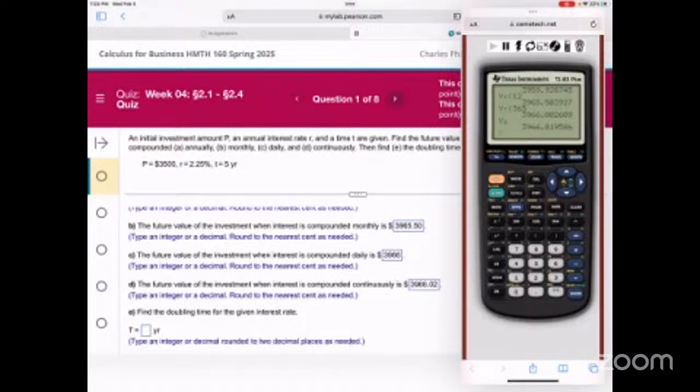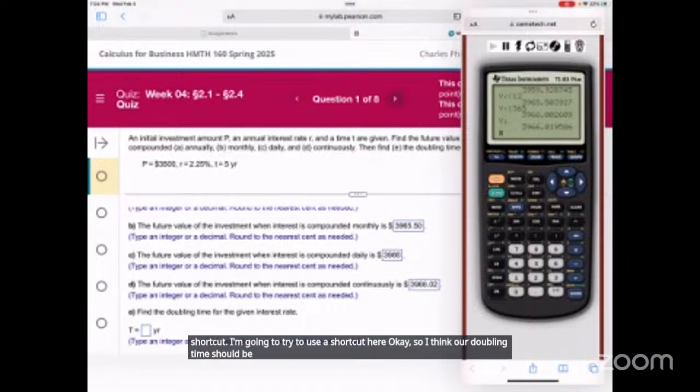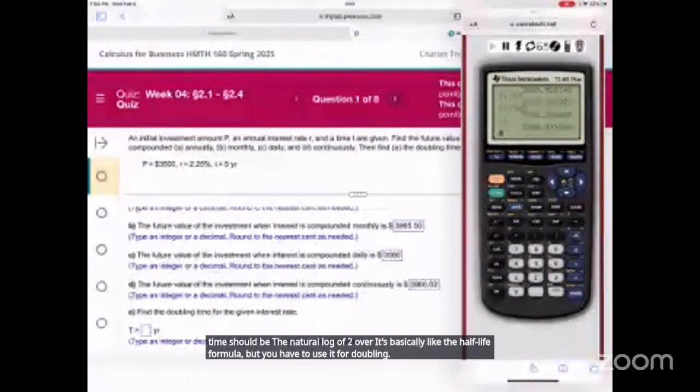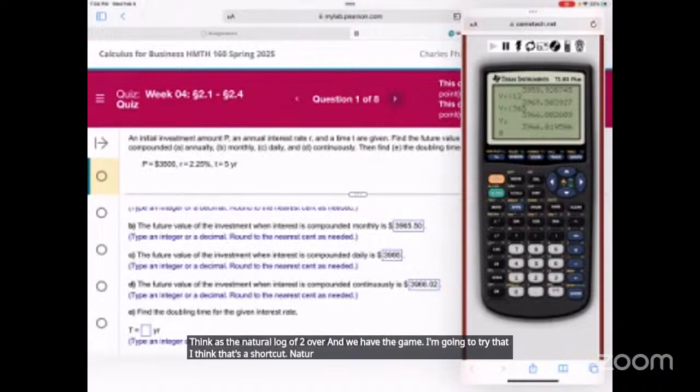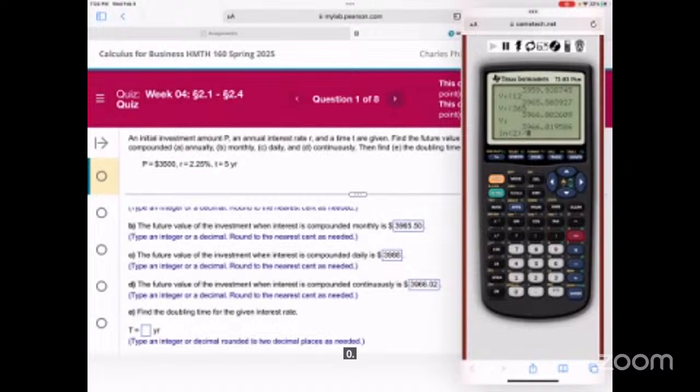I think our doubling time should be the natural log of 2 over K. It's basically like the half-life formula, but you use it for doubling. And we have the K, so I'm going to try that: natural log of 2 over the rate, 0.025. How many years? Almost 28 years. To 2 decimal places, 27.73.